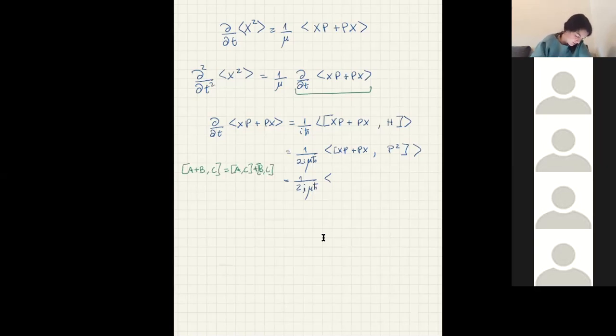It's very, very simple. Okay, good. So we have this xp and p squared commutator plus commutator of px and p squared. Okay. And now what we do, we're going to apply the nice trick again.